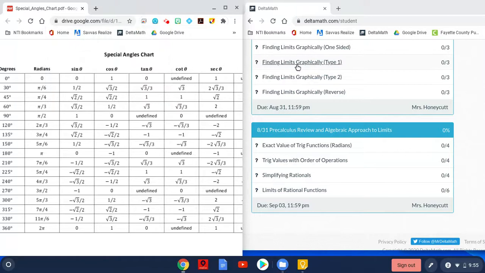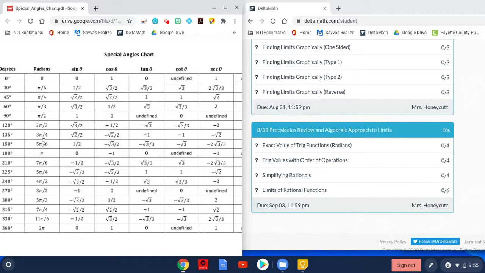Okay, so when you log into your Delta Math account to complete the lesson assignment for today, you'll see 4 sections. The first 2 sections are dealing with your exact value trig functions. On your Canvas page, I have uploaded a PDF file that has all the trig functions and all their values.